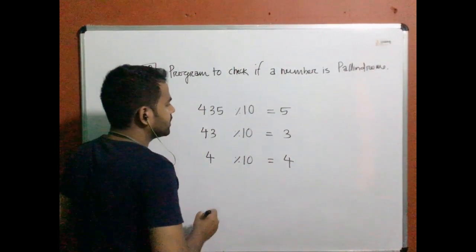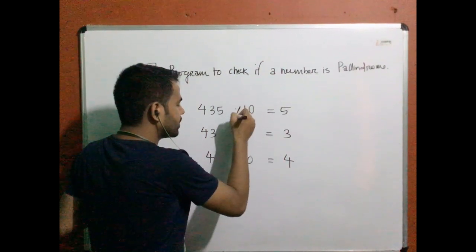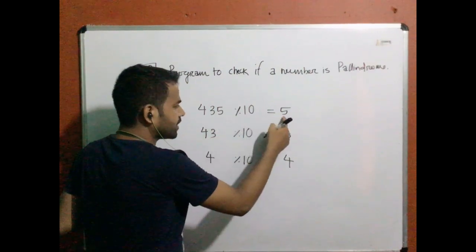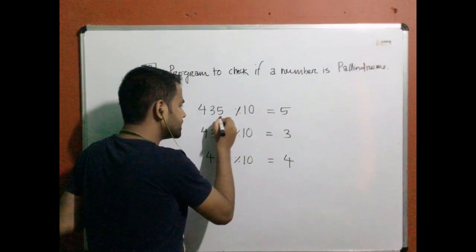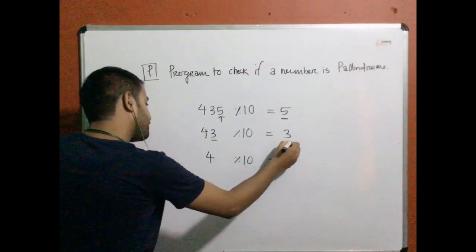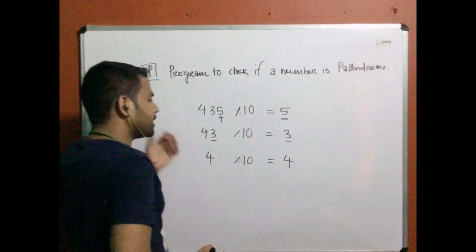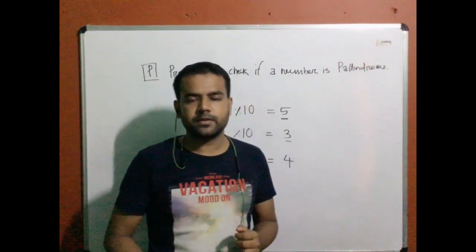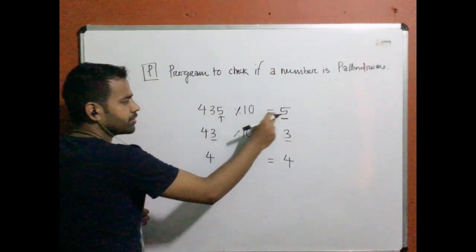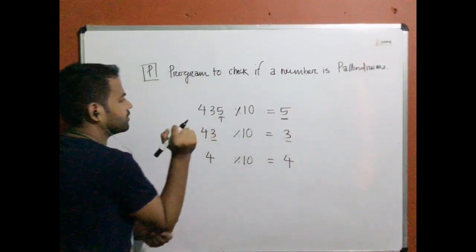If you observe, when I perform the modular division operation on a number, I basically get the unit digit of the same number in the output, right? Keep this in mind: to calculate the reverse of a number, first I need to extract each and every digit. This is the way I'm going to extract each digit of that number.